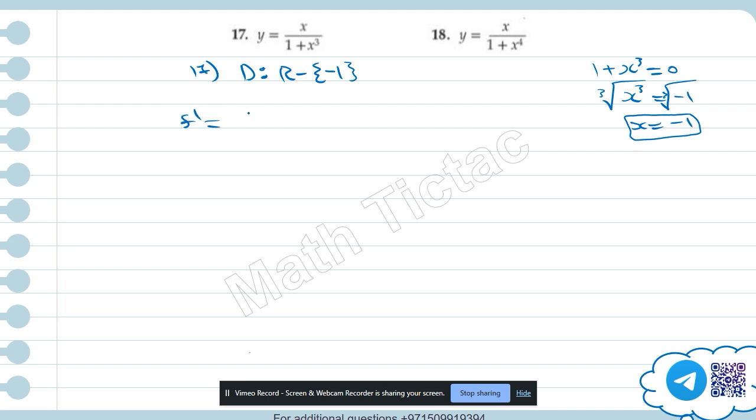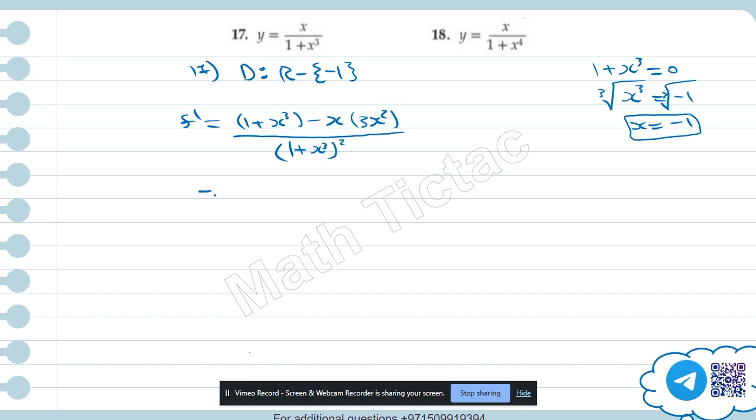This is going to be equal to (1 plus x cubed minus x multiplied by 3x squared, which is 3x cubed) over (1 plus x cubed) squared. So 1 plus x cubed minus 3x cubed is 1 minus 2x cubed, divided by (1 plus x cubed) squared.